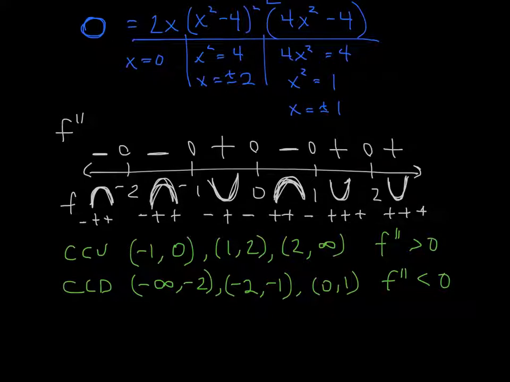So I would say that my points of inflection occur when x equals negative 1, 0, and 1. And that's it. The reason is because the second derivative changed signs.